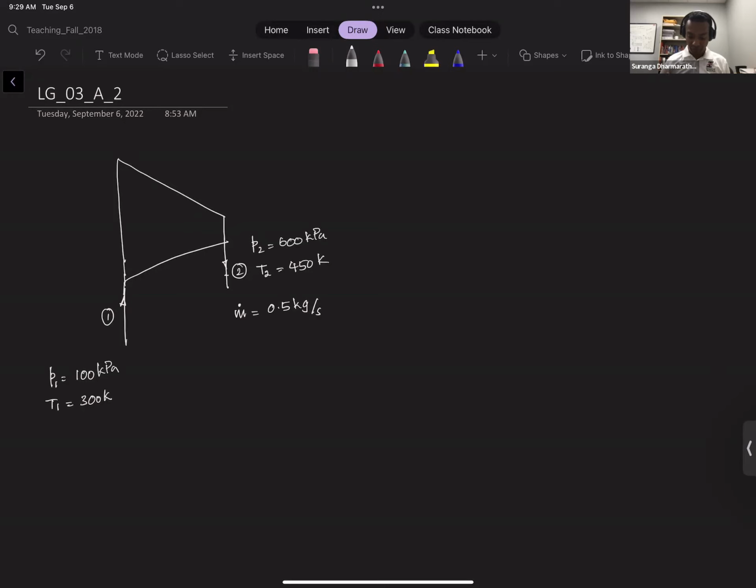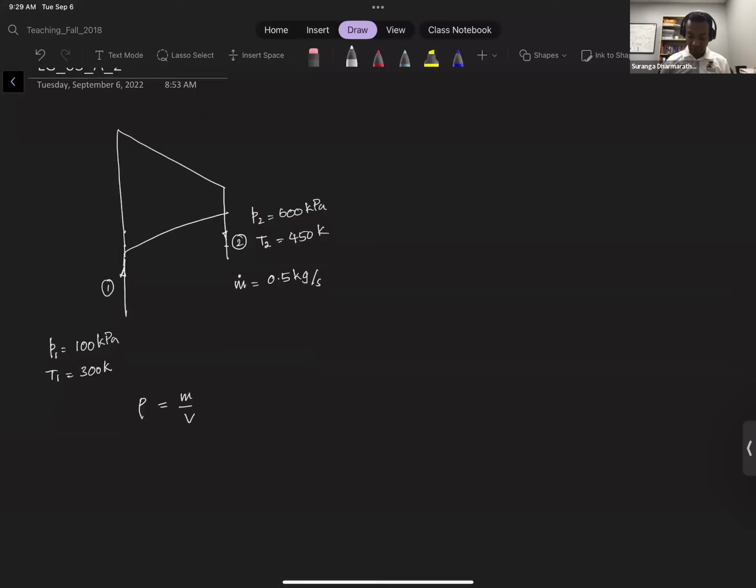The definition of density is mass per unit volume, so mass divided by volume is the density. We can take the mass flow rate divided by the volume flow rate as well. So the volume flow rate is equal to mass flow rate divided by density. That's my equation 1.